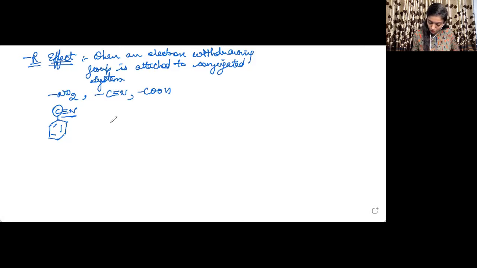So now what will happen? It will attract the pi electrons towards itself. Now these pi electrons cannot move towards carbon because carbon is less electronegative. Now this triple bond is taking the electrons towards nitrogen, and there is a conjugation between this triple bond and the double bond.